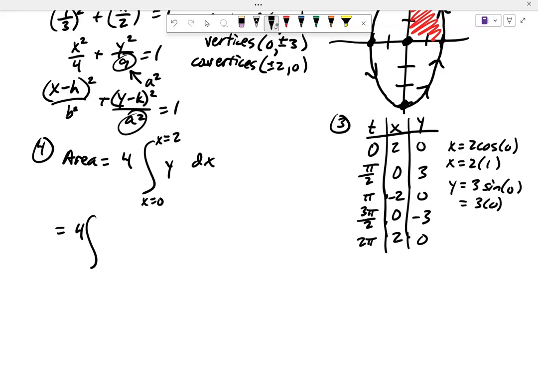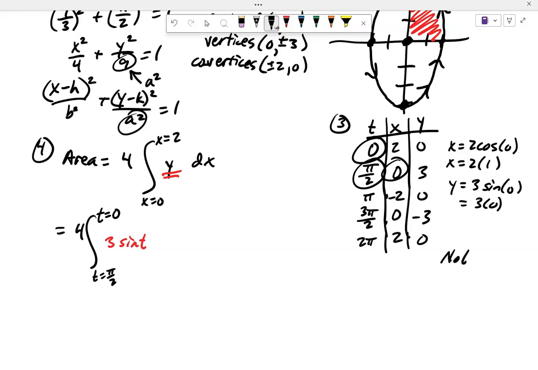If x is 0, then my t is pi halves. If x is 2, then my t would be 0. My y is 3 sine of t, and then dx dt.